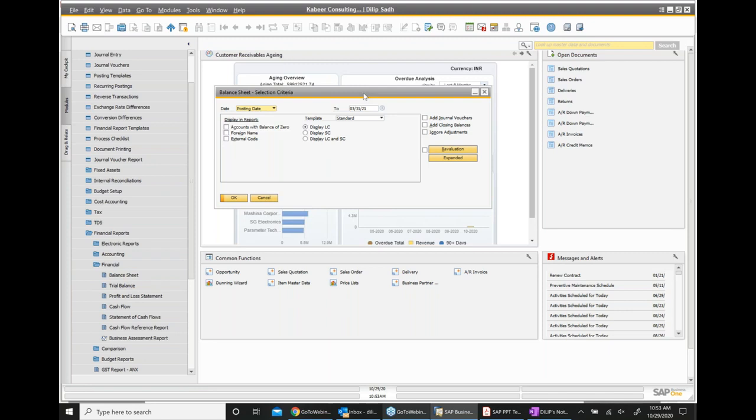we have the selection parameters, first and foremost.